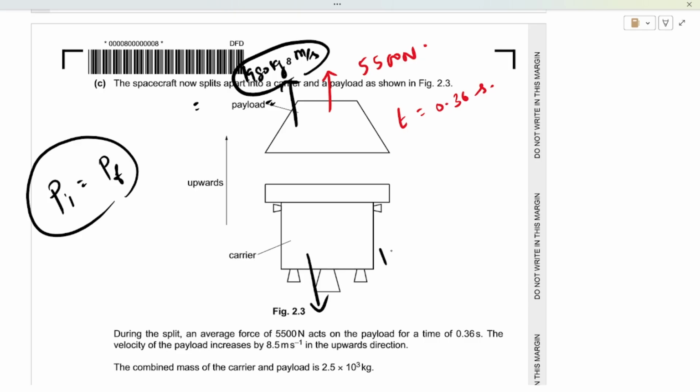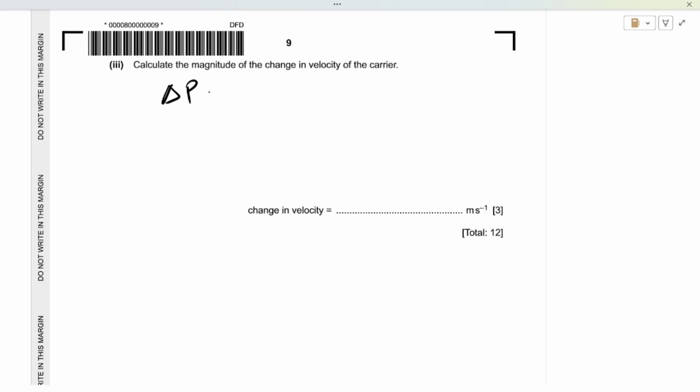This is also going to be 1980 kilogram meter per second. So the change in momentum of the carrier is equal to 1980. The formula for change in momentum is mass of the carrier times the change in velocity of the carrier, which will be equal to 1980.